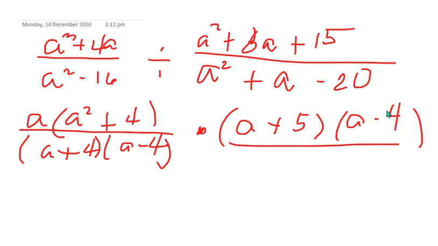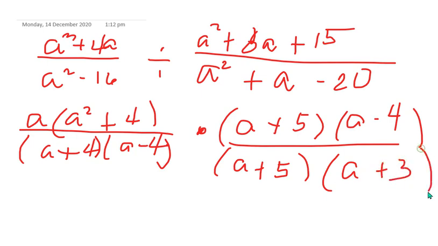And the denominator will be a plus 5 times a plus 3, because 5 times 3 is equal to 15, 5 plus 3 is equal to 8.